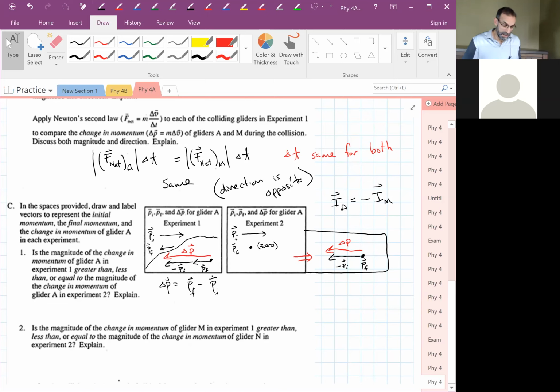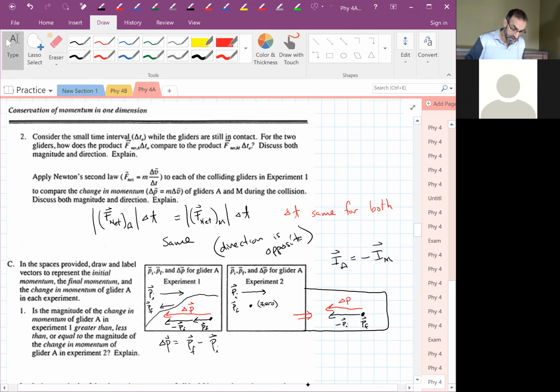Well, how about A? Let's just look at A here. I don't think I finished question 1 here. The magnitude of the change in momentum of glider A, we want to know. We want to know the change in momentum of A in case 1, how does that compare to the change in momentum of A in case 2?